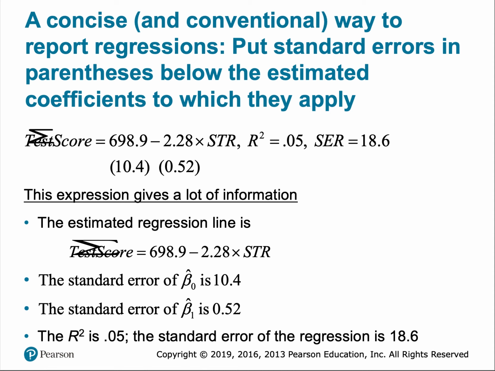So the regression is test score equals 698.9 minus 2.28 times STR, and we have put the standard errors in parentheses below the regression coefficients. Also note that we are reporting R squared and the standard error of the regression. This is the way that we are going to report regressions from now on.